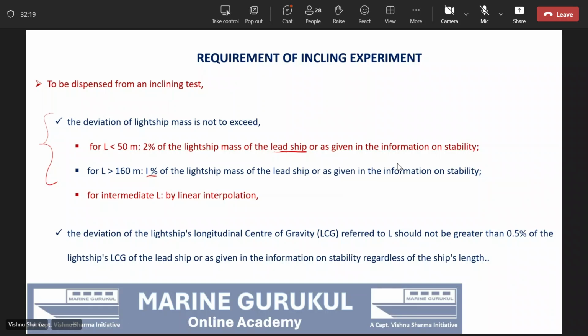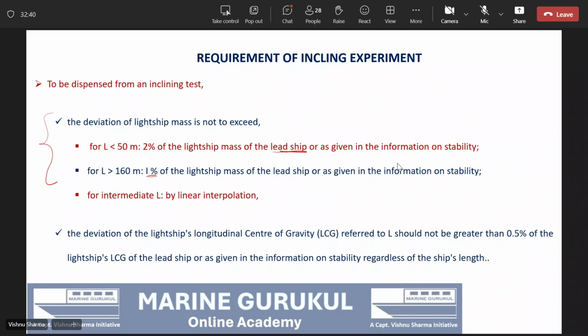The deviation of the light ship's LCG referred to its length should not be greater than 0.5% of the length of the lead ship. So that means the difference in their longitudinal centers of gravity should not be greater than 0.5% of the length of the lead ship.